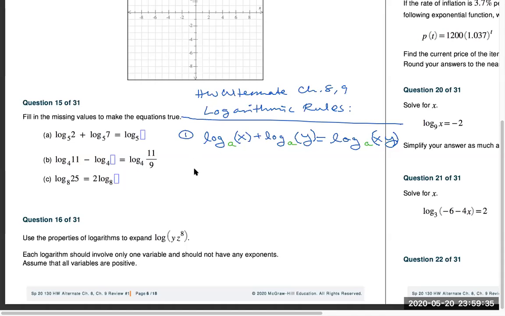Okay, the second rule, you have log base A of x minus log base A of y.